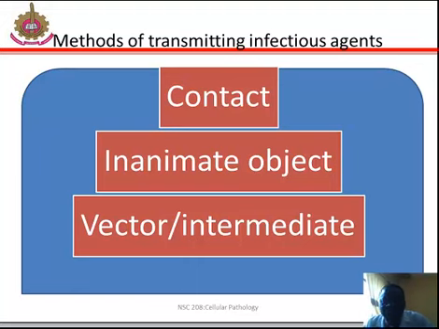Let me give you an instance of a cow infected by bovine tuberculosis. Any man who takes milk from that cow will also be infected with tuberculosis. We have what we call foot and mouth disease in cattle.